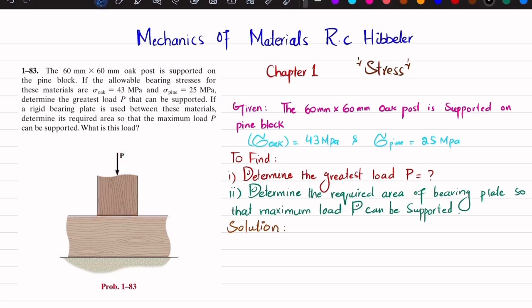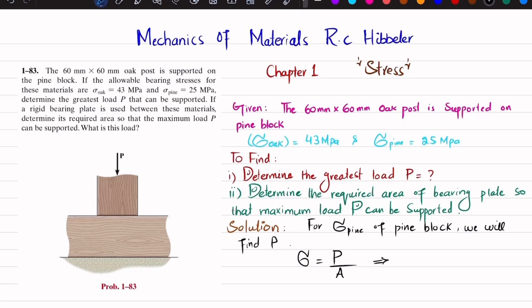Now what we will do is find P for the allowable bearing stress of the pine block. How will we find P? We know that stress is generally equal to force per unit area, or load per unit area.